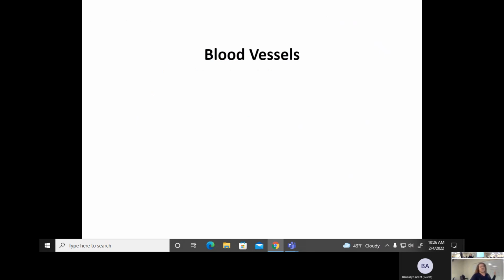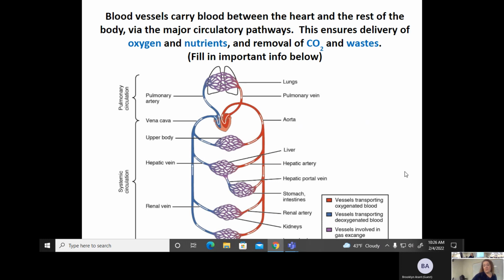So we're going to start with looking at the structure of blood vessels and how they're laid out in the body. And I really like this picture to remind us what is the point of the blood vessels. Everything on here that's not the heart is an example of a blood vessel. We need them to carry the blood all over the body.